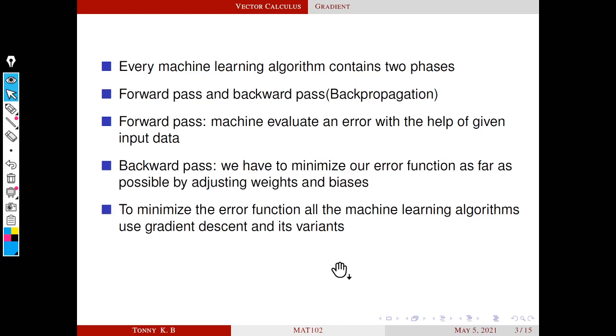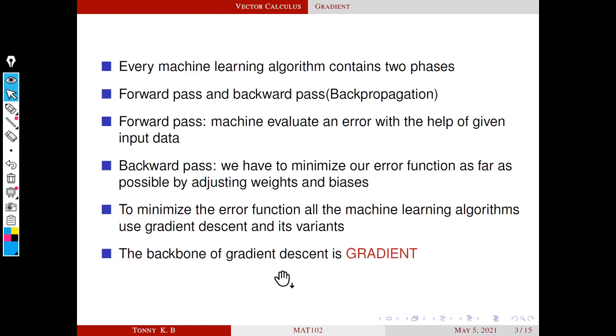To minimize this error function, all the machine learning algorithms use gradient descent and its variants. The backbone of gradient descent is our gradient. So this is one important application of gradient in machine learning.